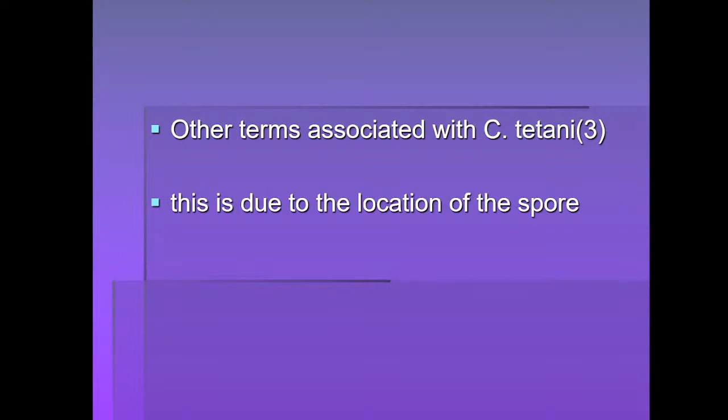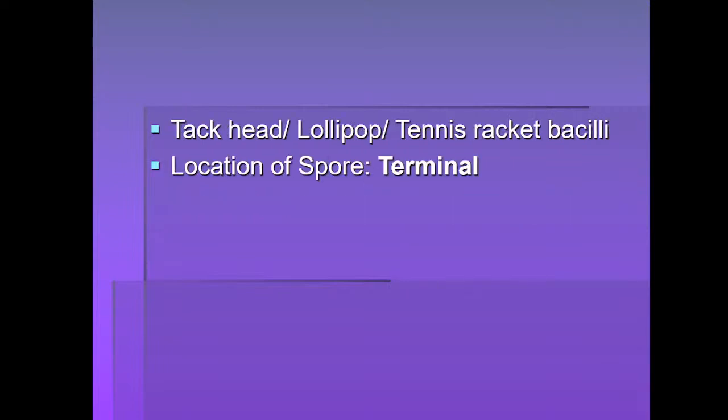Call them as you may, but these are the terms that are useful for you. Clostridium tetani has a terminal spore. As I mentioned before in our discussion of spore locations, Bacillus has a centrally located spore, while members of Clostridium have terminal or subterminal spores.